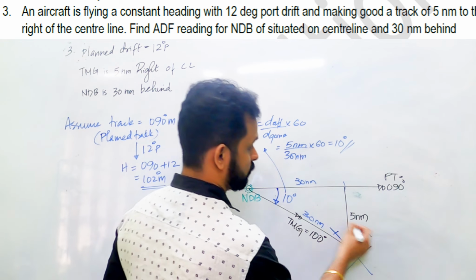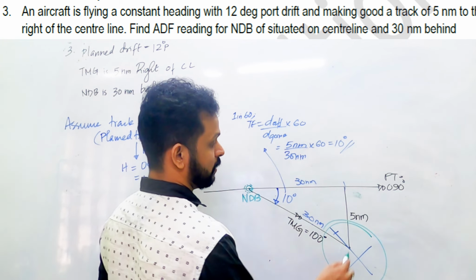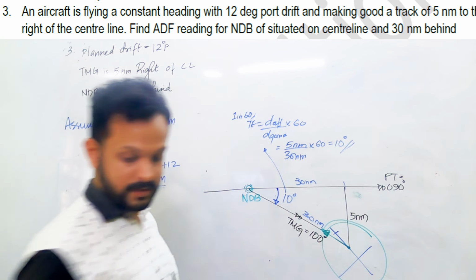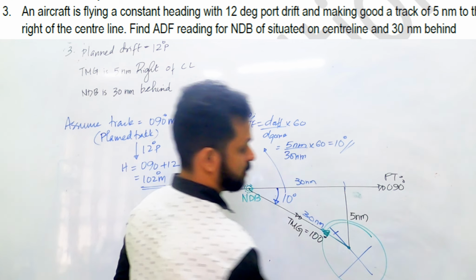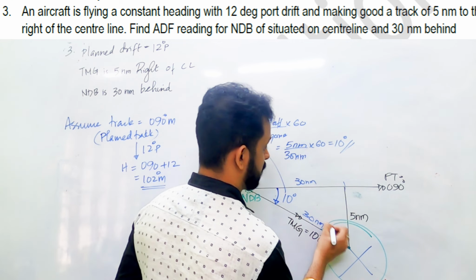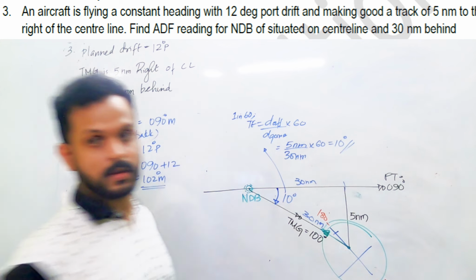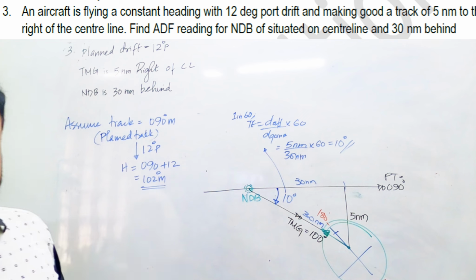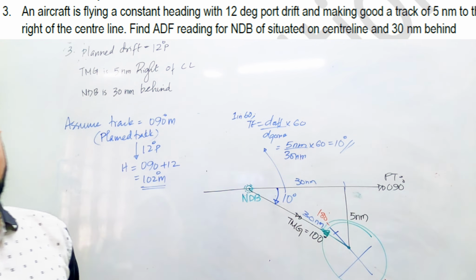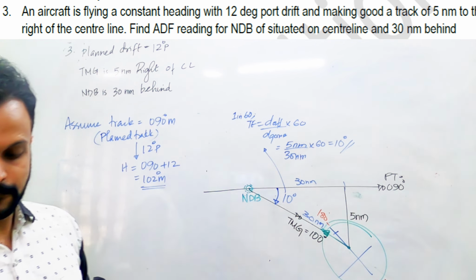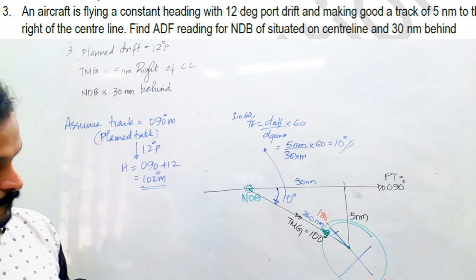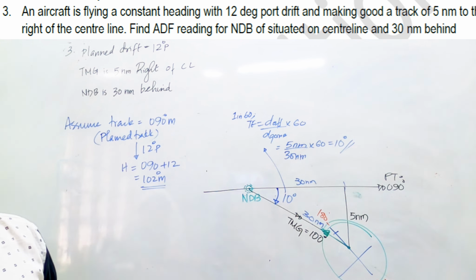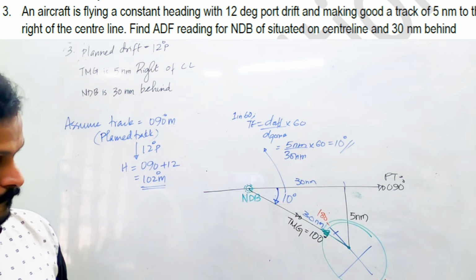To understand the ADF indication, let's draw the dial here. What is the needle going to point towards? It's going to point towards the NDB, which is straight behind. If it is an RBI, the head of the RBI is going to be 360 and the tail is going to be 180. You're asked to find out the indication. How will you find it? This is 180 minus a small angle.